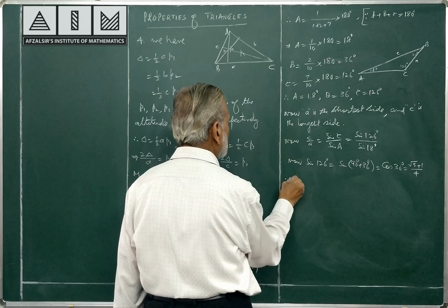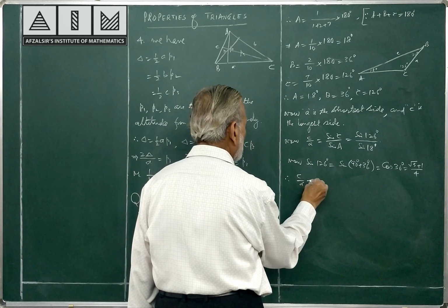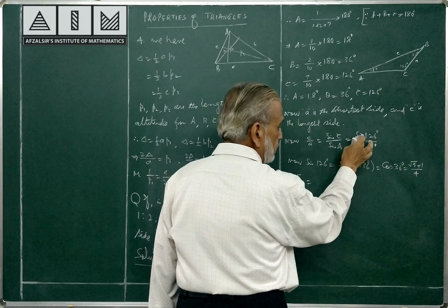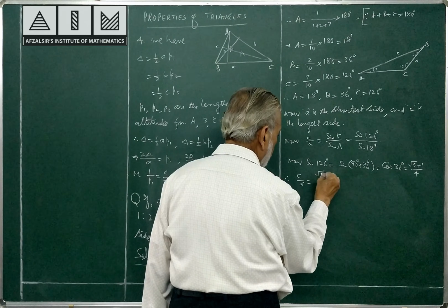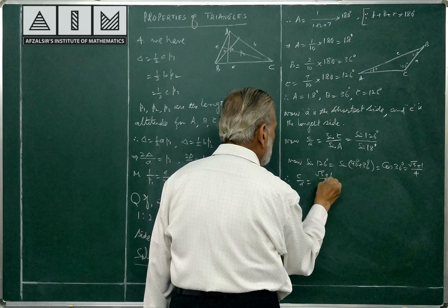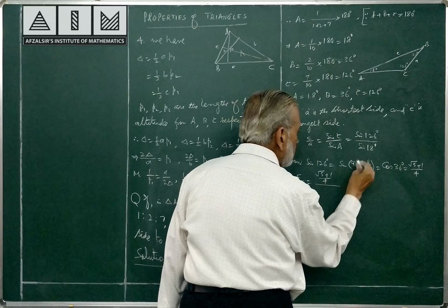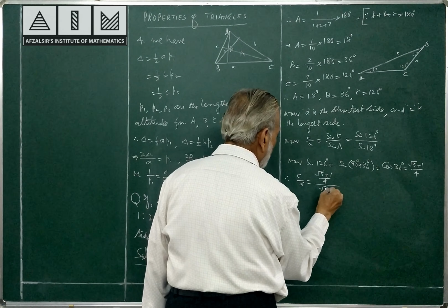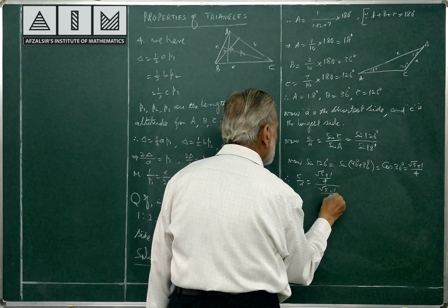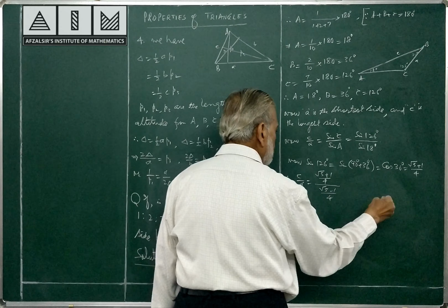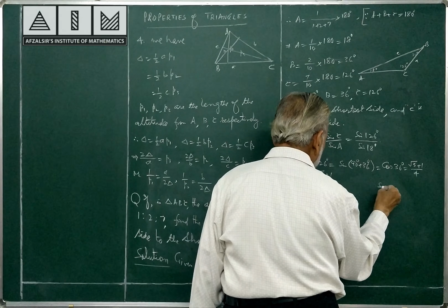Therefore, C by A is equal to sin 126 by sin 18, root 5 plus 1 by 4. Sin 18 you should remember the value. For your convenience, I will write down the values here.